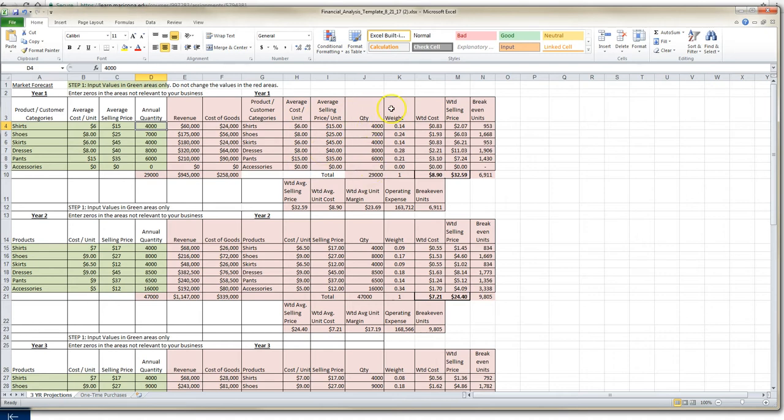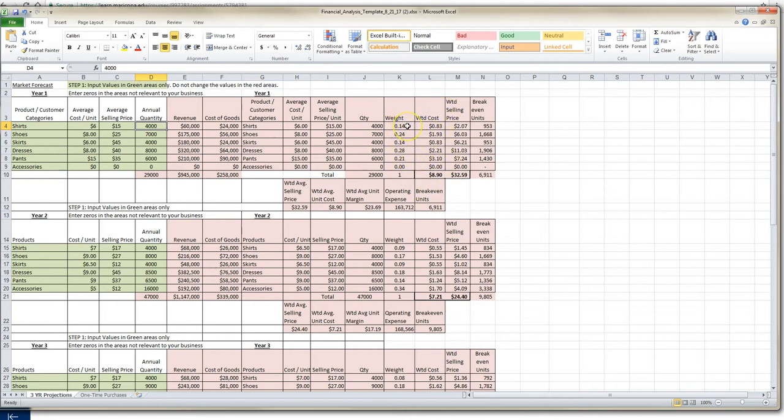Likewise with the quantity. And what's being calculated here is the proportion that each type of product contributes to the overall weighted cost and the weighted selling price. So this is a weighted average calculation, if you're familiar with that.